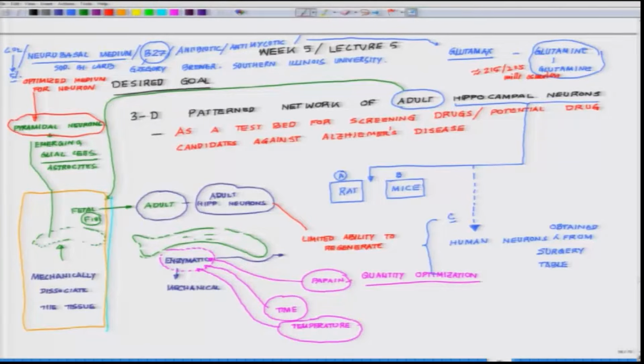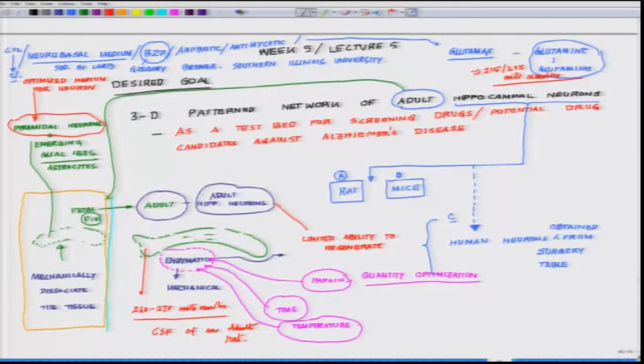Whereas, the osmolarity which you need for adult hippocampal culture is around 260 to 270 milliosmoles. So, this value has come from cerebrospinal fluid of an adult rat.